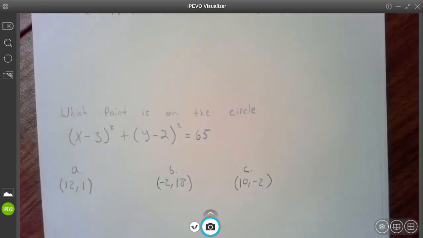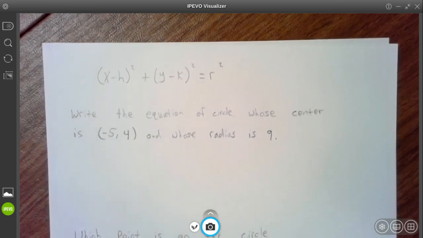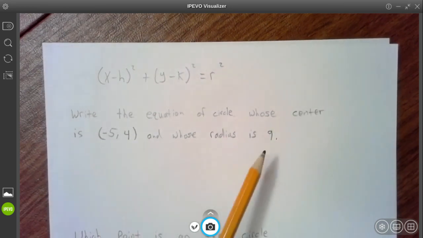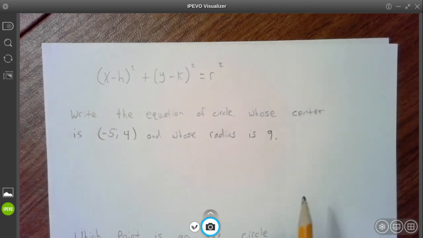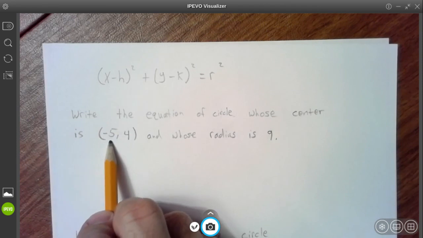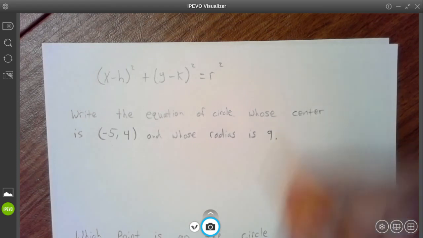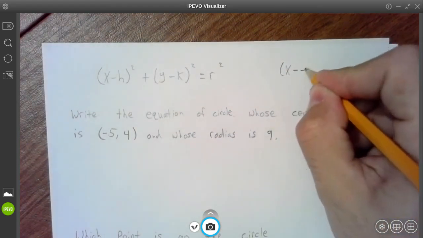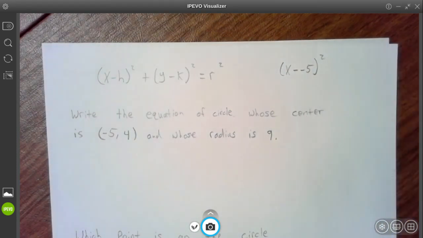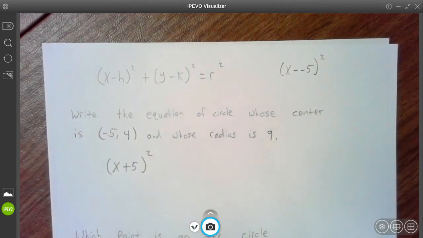Next question. Instead of identifying the center and the radius, here we want to write an equation given the center and the radius. That's the same thing, but the opposite. My x coordinate is a negative 5, so my h is going to be a negative 5. That would be like x minus negative 5 all squared, but I'm just going to write (x plus 5) all squared.